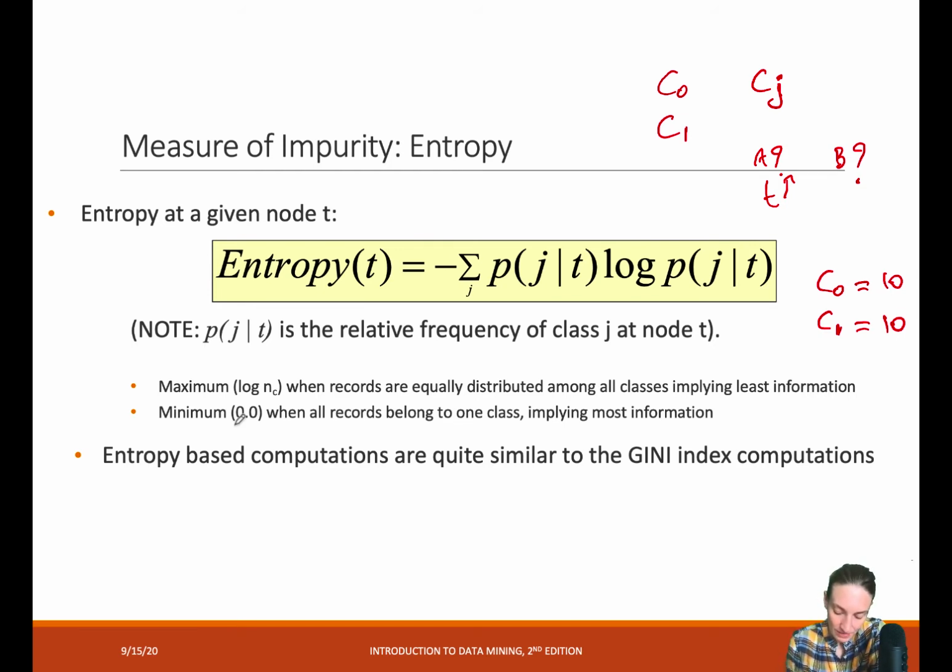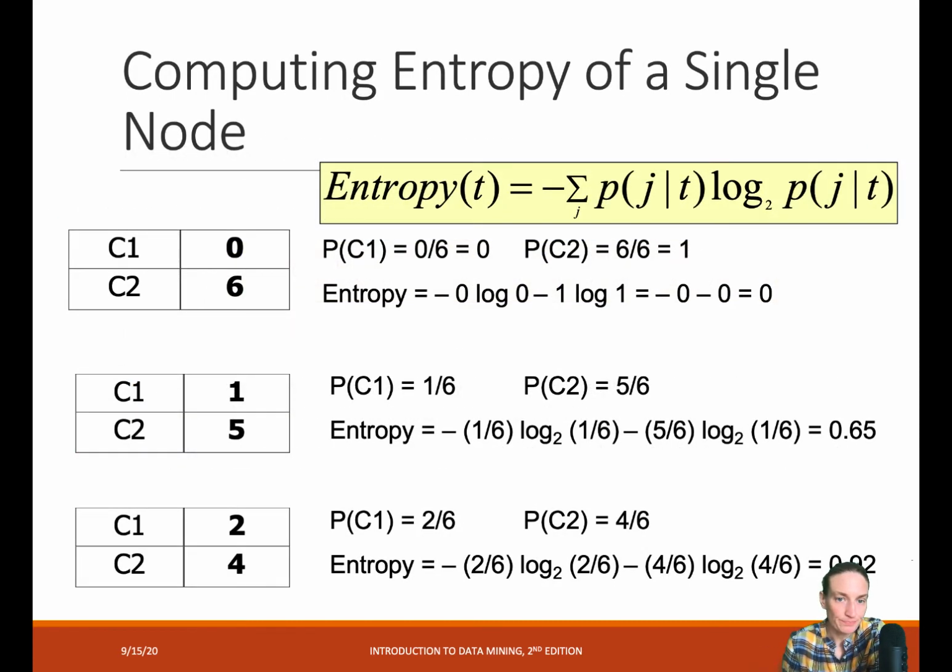If you have a minimum value, 0, then that means we have the highest amount of information. It could be something like an example where C0 is 20 and C1 equals 0. Then you know all instances belong to class 0. So let's look at an example.